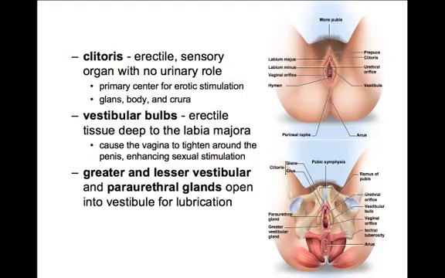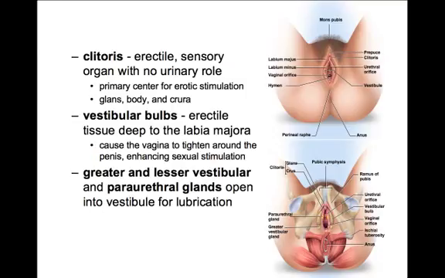There are vestibular bulbs, which are erectile tissue that's deep in the labia majora. This causes the vagina to tighten around the penis externally and enhance the sexual stimulation. There are also a series of glands that are analogous to the glands that have secretions into the seminal fluid.